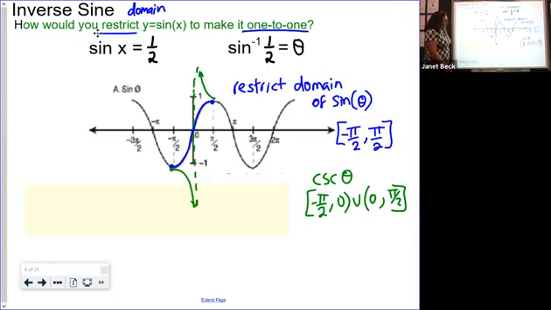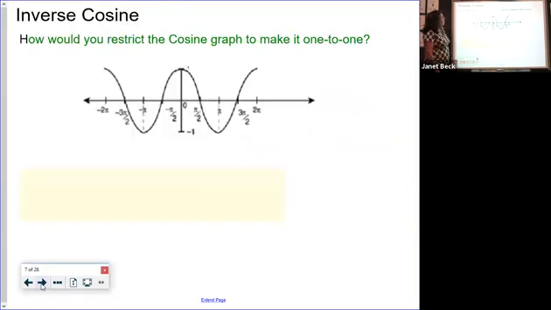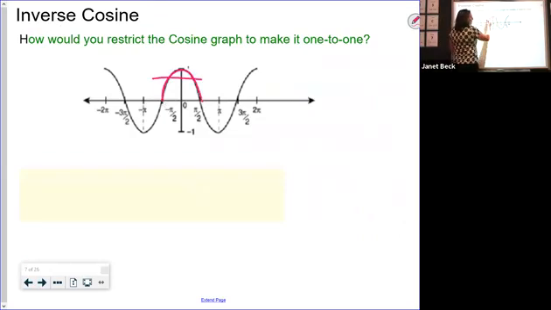Let's have a look at the cosine function. How would you restrict a cosine graph to make it 1-to-1? If we did the same as we just did between negative pi over 2 and pi over 2, that's not 1-to-1, still failing the horizontal line test, so that won't work for us.